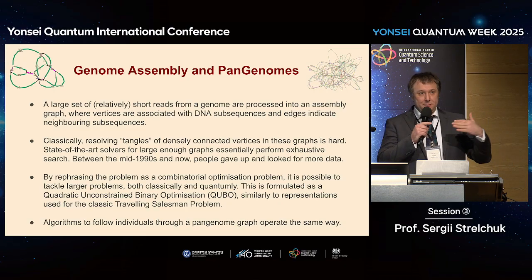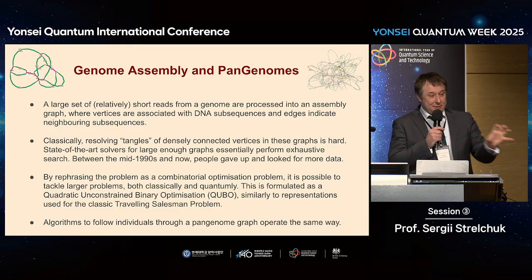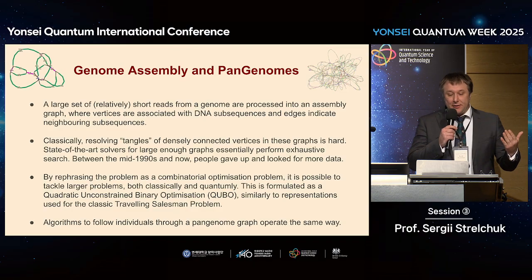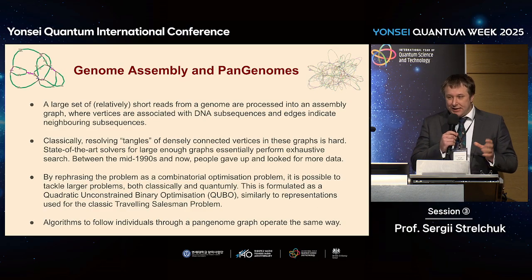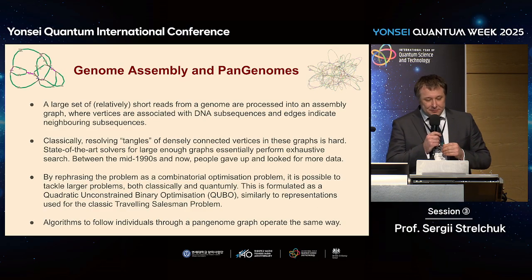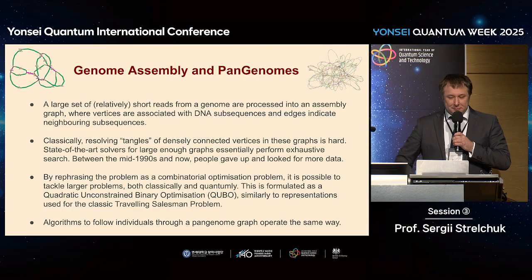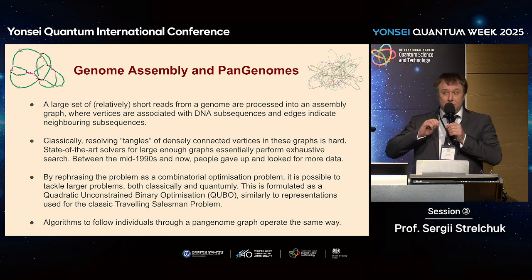Think of a big string chopped up into small pieces, and you get to see some subsets of these pieces. And you want to process them into an assembly graph where vertices are associated with DNA subsequences and edges indicate the neighboring subsequences. And then you end up having really complicated graphs, actually, as you see in the upper right corner. And what you want, really, is to flatten this graph.